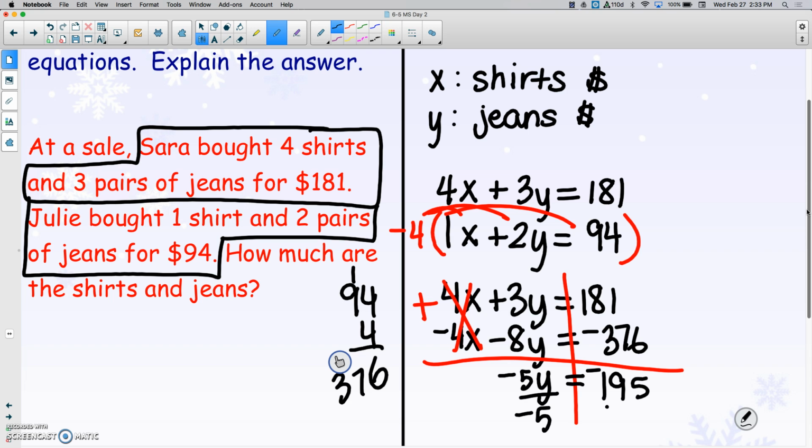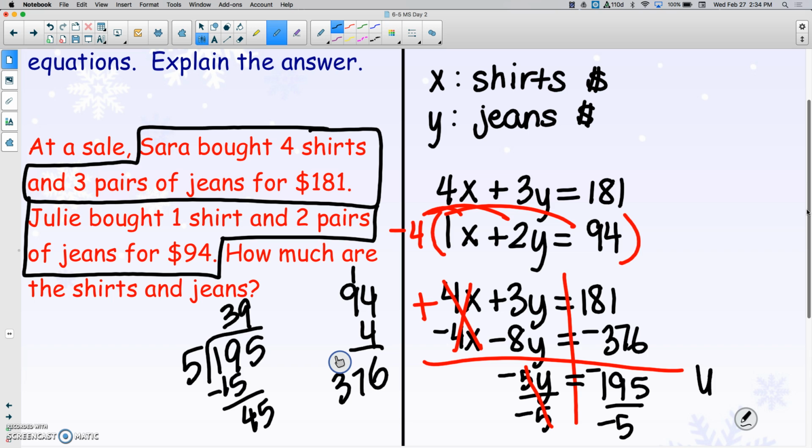And if I divide by -5, 195 divided by 5. 5 times 3 is 15. And then 5 times 9 is 45. So y equals 39. So that means the jeans are $39.